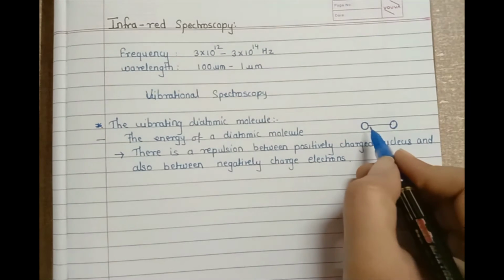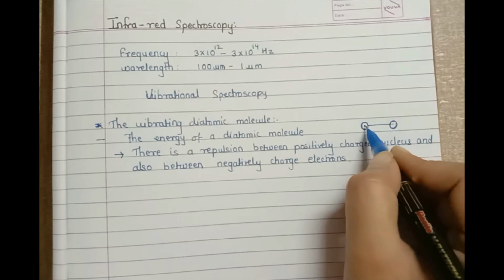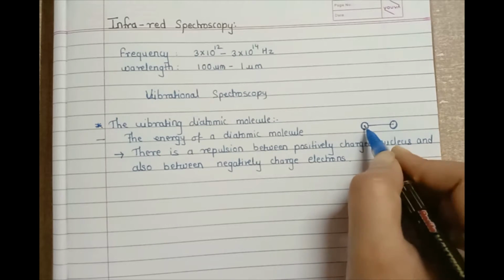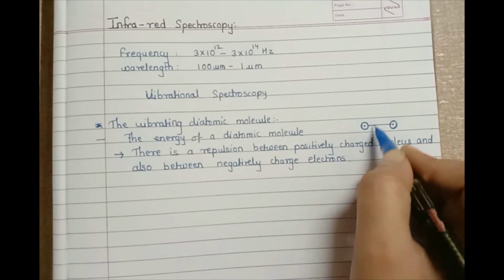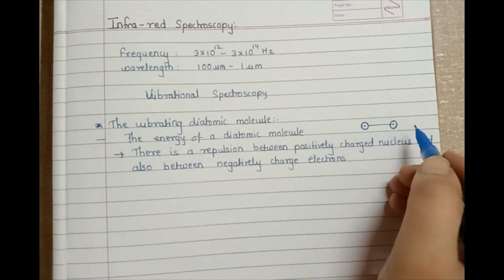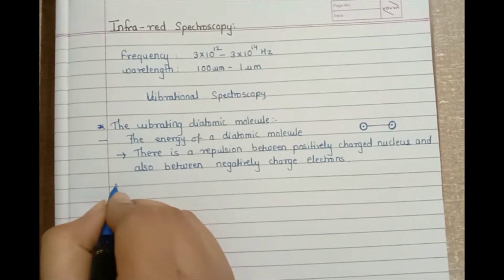If this is a nucleus, it repels the other nucleus. Similarly, this electron repels the electrons of the other atom. So there is a repulsive force.